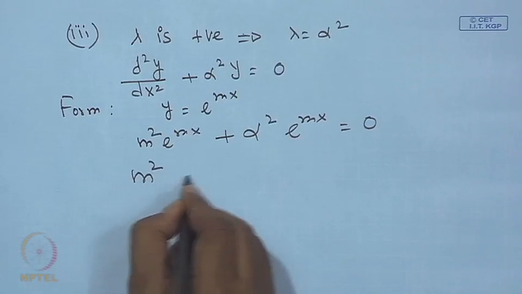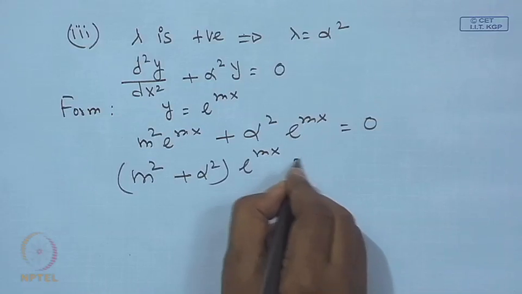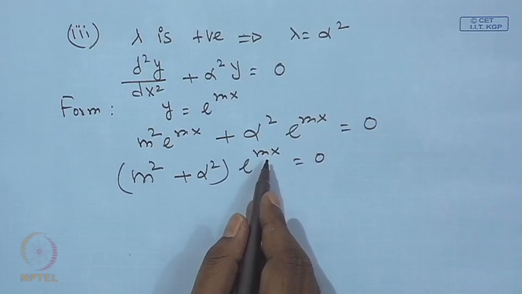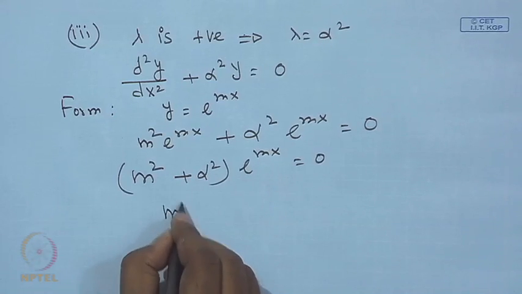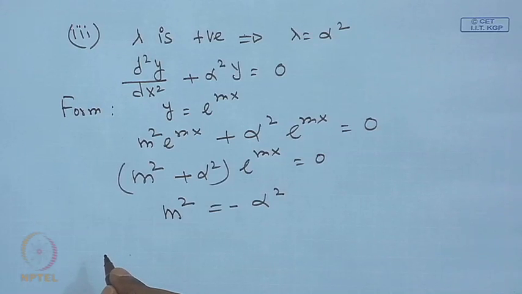So, what we get is m square plus alpha square times e to the power m x is equal to 0, and e to the power m x for non-zero value of m and x, it will be ever positive. So, m square is equal to minus alpha square. So, what is the solution?